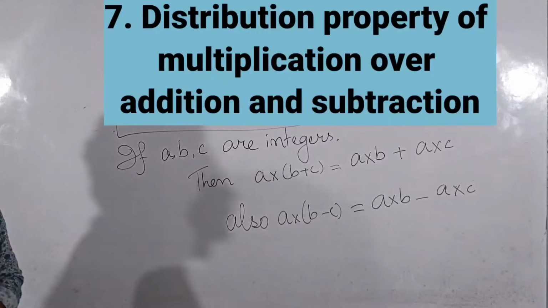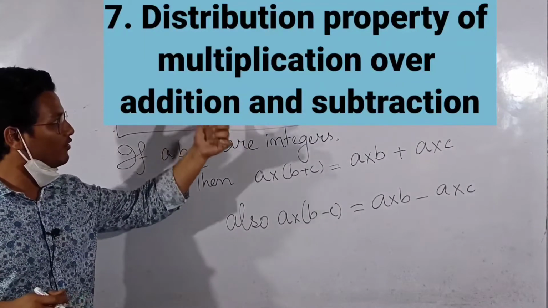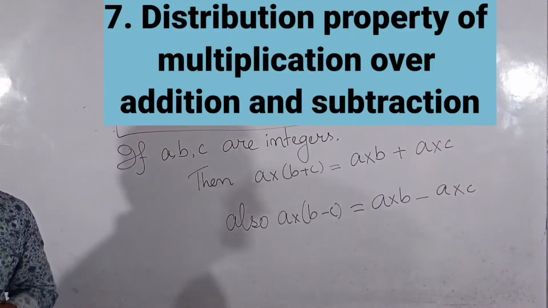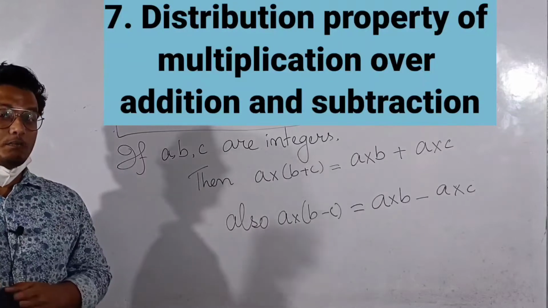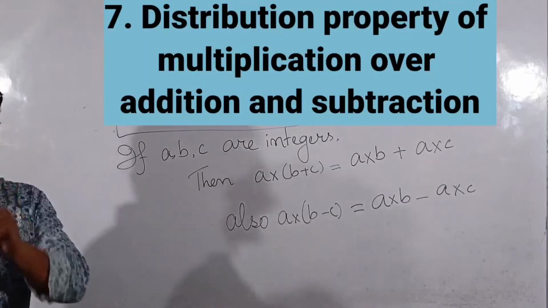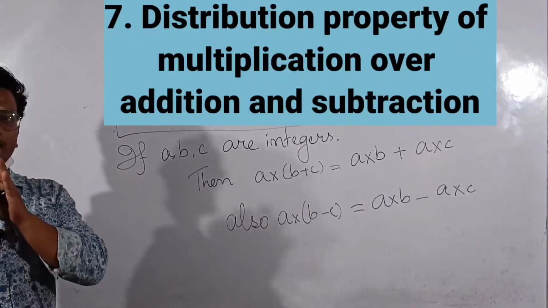which is the distributive property of multiplication over addition and subtraction. This property is a little critical but very important. All of you pay due attention.